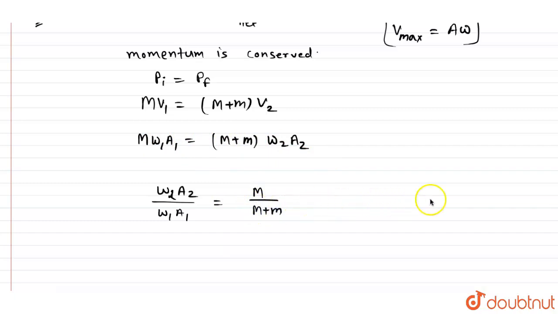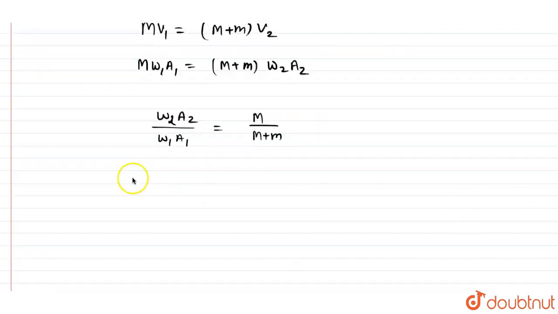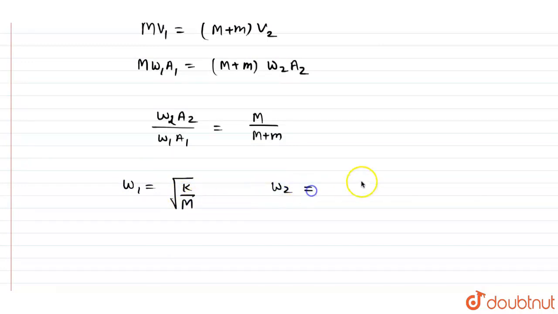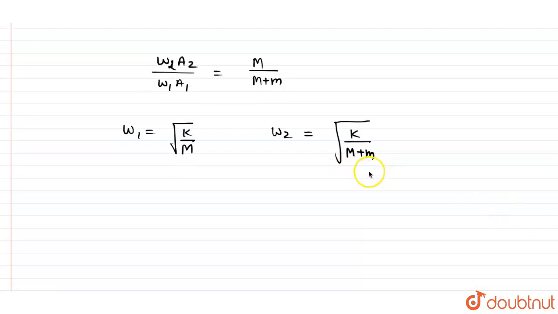Now we know that omega 1 can be written as root of k by M. Whereas omega 2 you can write as root of k by capital M plus small m, because the total mass is now capital M plus small m.